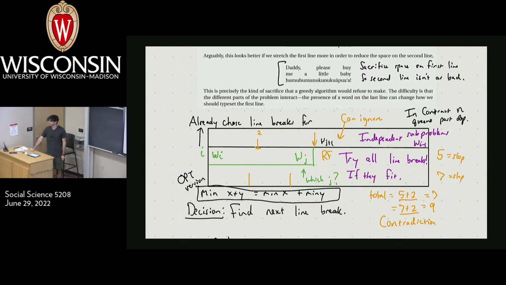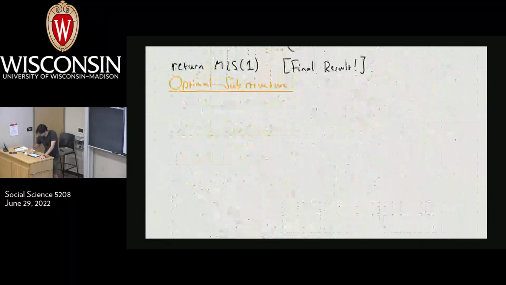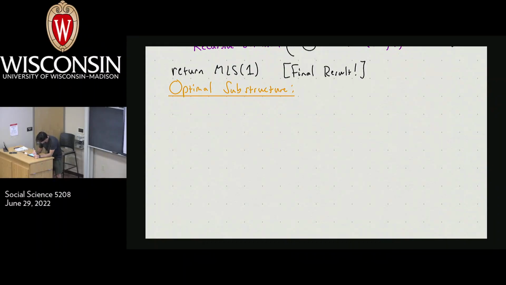Are you going one line at a time or one word at a time? One line, yeah. So we're starting at wi, and we're saying what's the last word on the line that starts with wi. So visually, you could imagine word I is here, and you're just adding more words to the line one by one until you eventually go over.